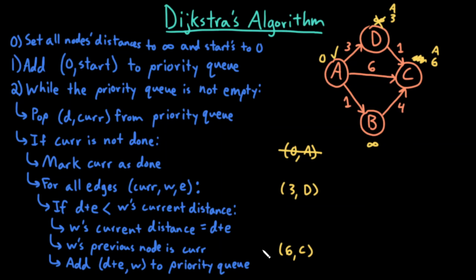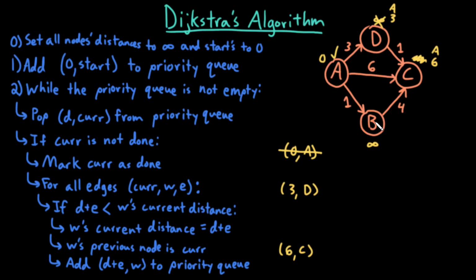I've added to the priority queue. Now I go to the next edge. So the last edge from A is A to B with edge weight 1, right? If D plus E is less than the current distance, so 0 plus 1 is less than infinity. Okay, so I enter.